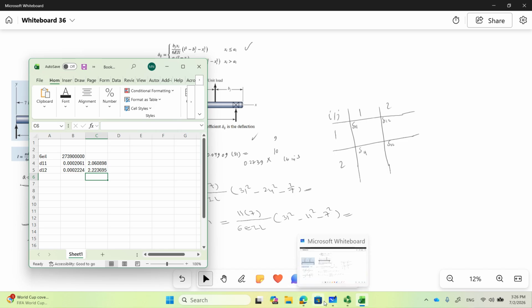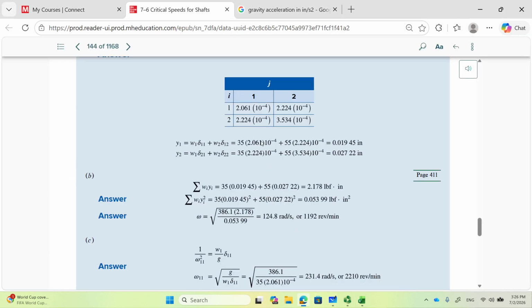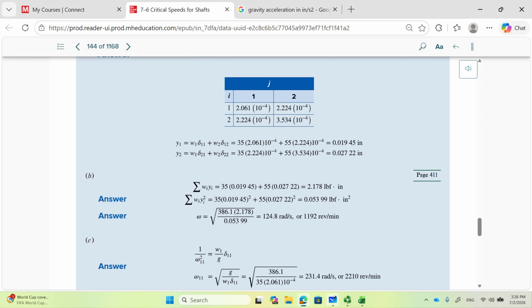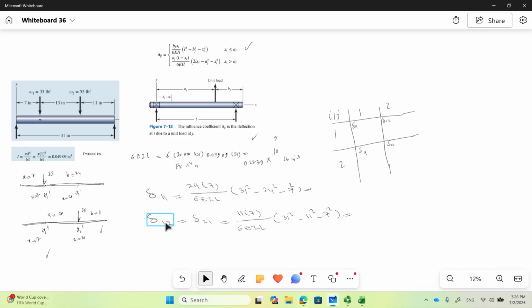Let's go here. 2.224. So I have 2.236. So if you round it, you get the same thing. Alright, so this is what you want to find now: delta 1,2. These guys, I found this. You saw that it was matching. And then for this one, you don't need to find it again because they are equal. Delta 1,2 and delta 2,1 are equal.